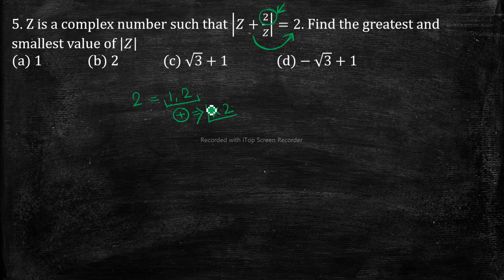That means we cannot apply our previous method. So what to do? The method is again the same: under root 2 plus 1, and plus 1 as it is, always. So ultimately our result will be root 3 plus 1. And what will the least value be? The least value will be minus root 3 plus 1.